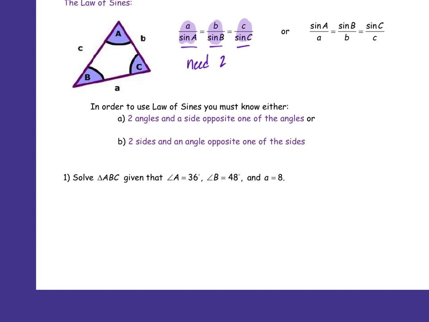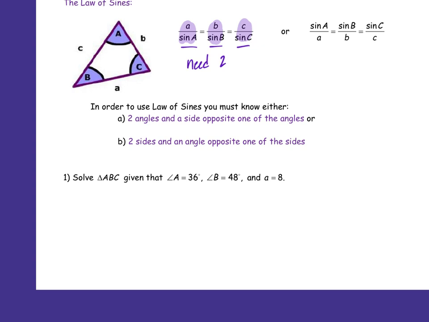So if you decide you like law of sine better, which I have seen happen, I have had people say, oh, I like this so much better, and they've just solved everything using law of sine after they've learned this. That's fine also. Whichever you feel more comfortable with is what you should use, okay? But just know, if I don't have a right triangle, I have to use law of sine or law of cosine, which we're going to learn when we come back from break.